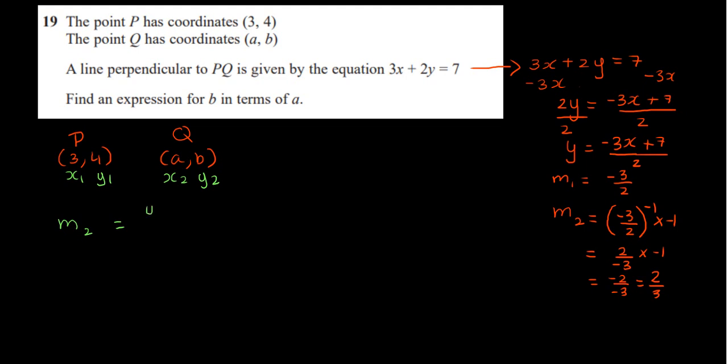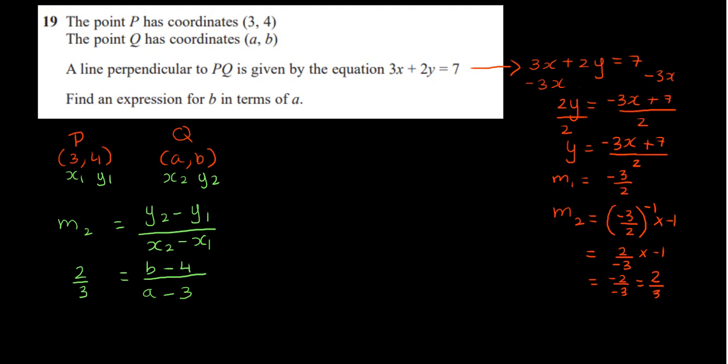It's the vertical distance, which is y2 minus y1, divided by the horizontal distance, x2 minus x1. So we know the gradient is 2 over 3, and y2 will be b, minus y1 will be 4, over x2, which is a, minus x1, oh I forgot x1 there, which is 3.